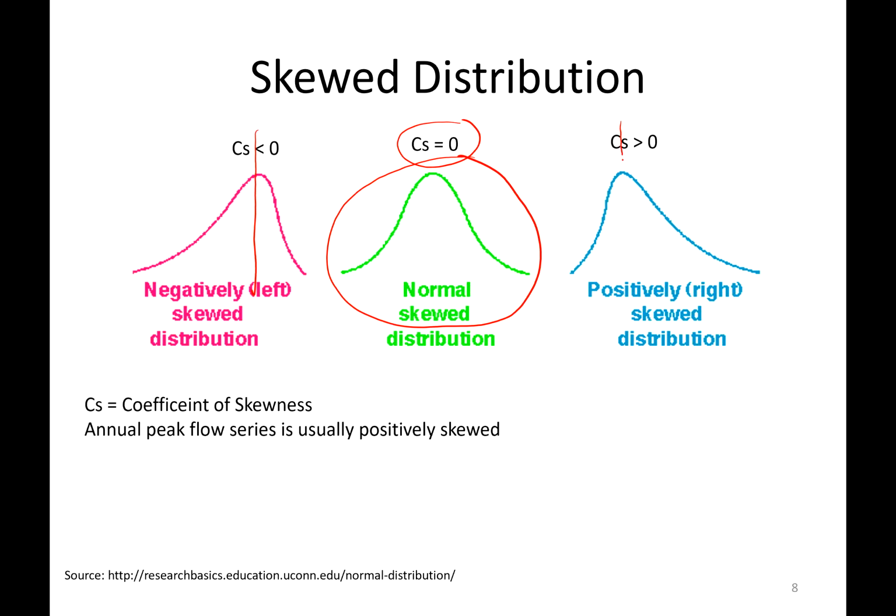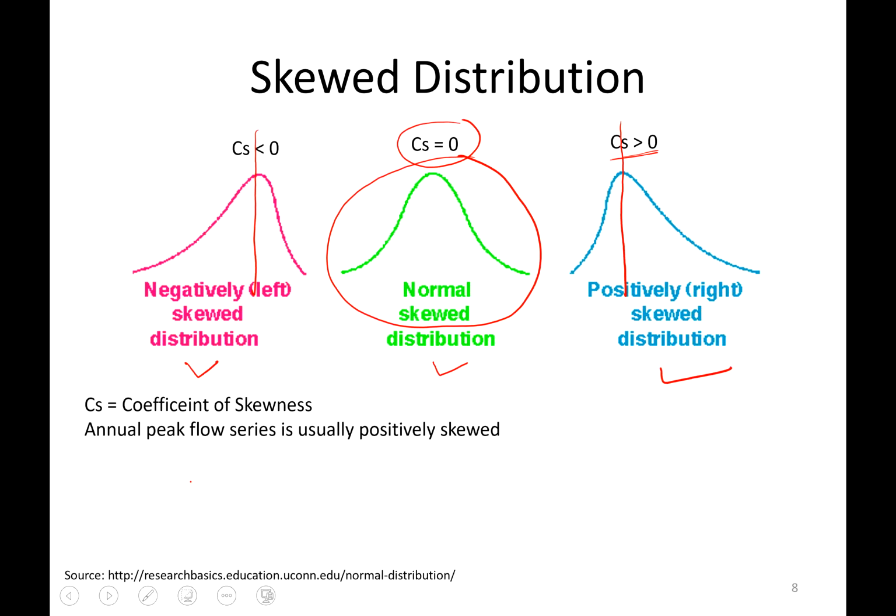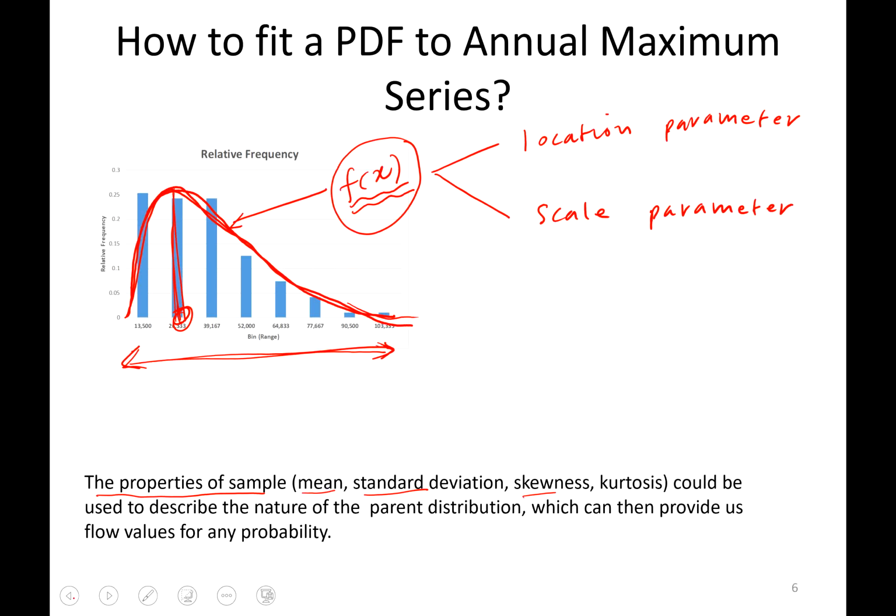When the distribution is positively skewed, which means the coefficient of skewness is greater than 0, the peak is on the left-hand side. So this is positively skewed, this is negatively skewed, and this is perfectly normal. If we go back and look at the distribution that we got from our data, you can see this is positively skewed.